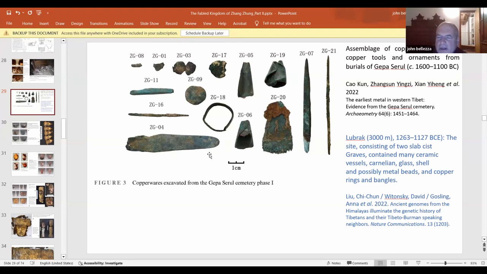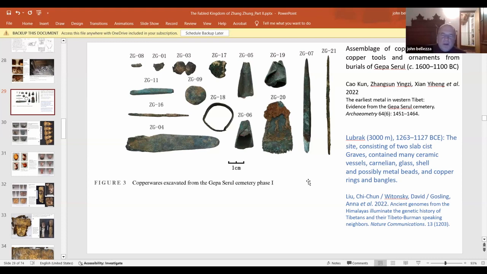So this is another early site going back to the late Bronze Age, which clearly shows that in that period, in the late Bronze Age, the second half of the second millennium BC, people in Western Tibet, including Mustang, were actively using a variety of metal tools.